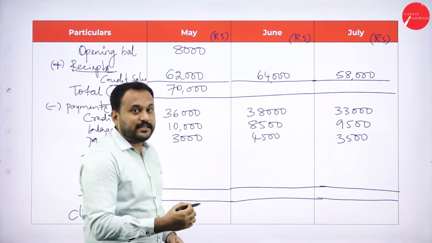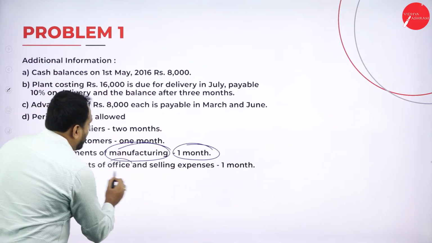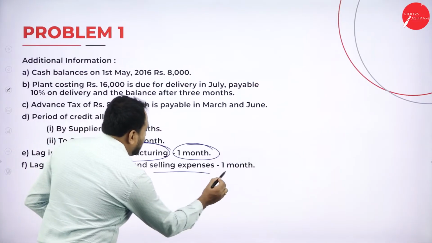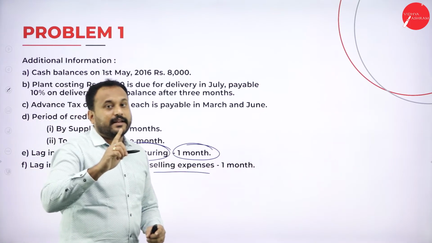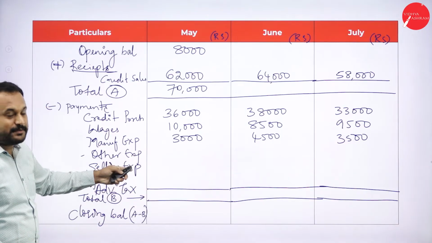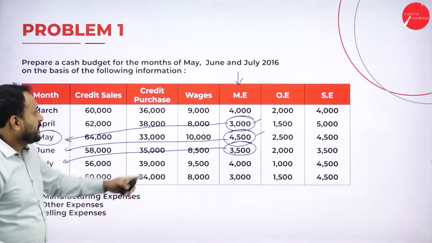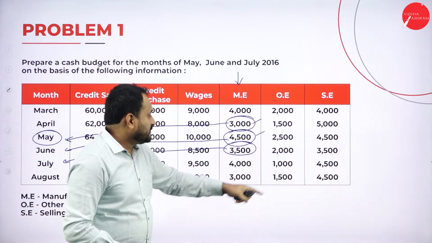Next is other expenses. Now see the thing. Lag in payment, office, that is the other. Selling expenses, what is it? 1 month. How many months? 1 month there is a delay. So again, the same way here, students, the office expenses or the other expenses which you are supposed to write is other expenses, office expenses. Let's go with this.